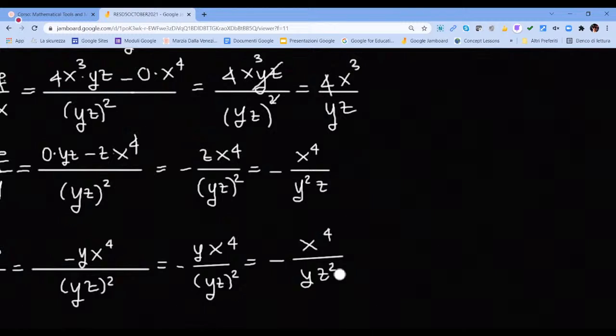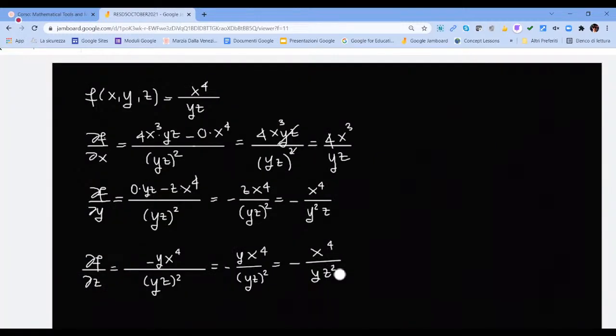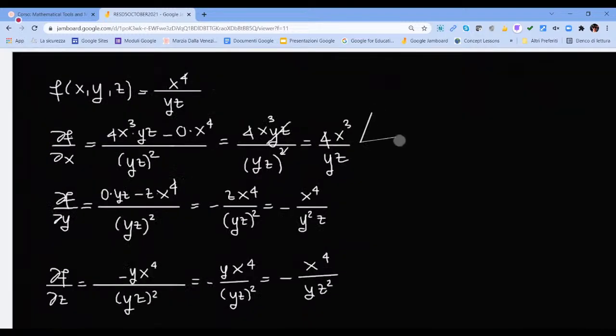Of course, if you want to compute the second partial derivatives, we have 3 variables. You have to derive with respect to all 3 variables every partial derivative. So you will have 3 derivatives for every first partial derivative.